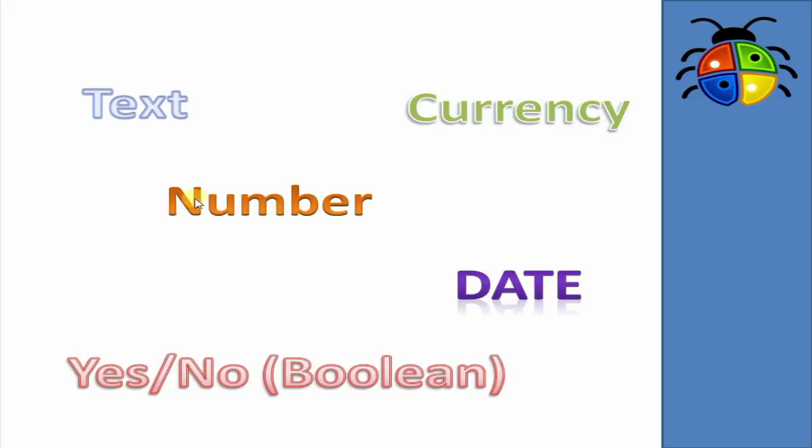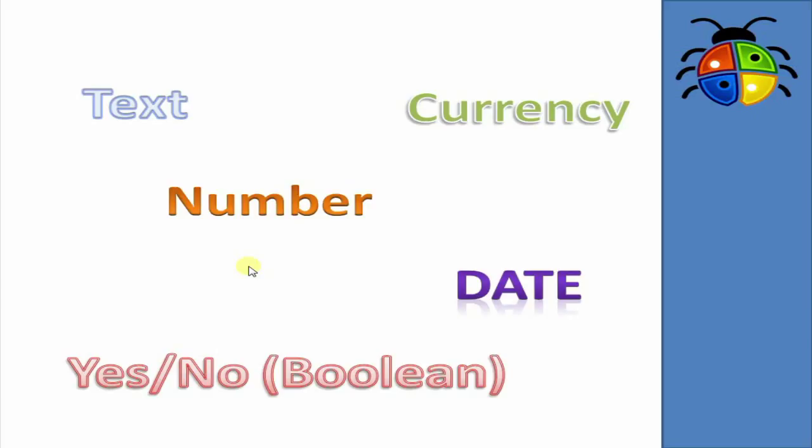Now, the important thing here is that numbers must or should most of the time be able to be used in mathematical operations. For example, you might have a stock number, or you might have the weight of something, and all of these can be used in some kind of mathematical calculation.